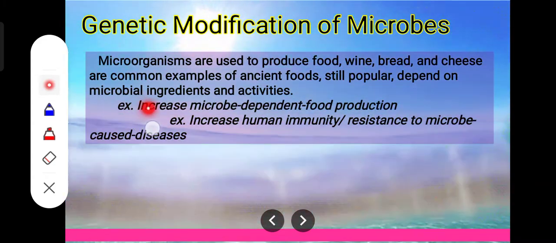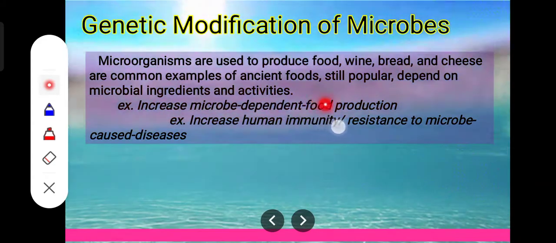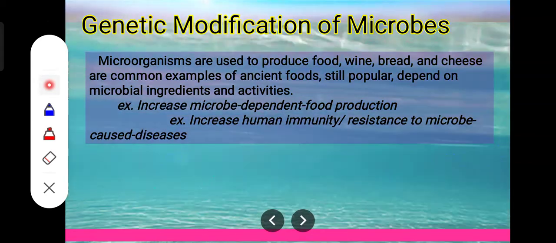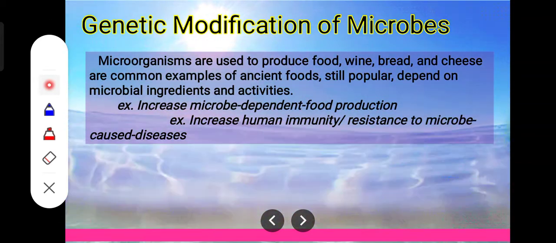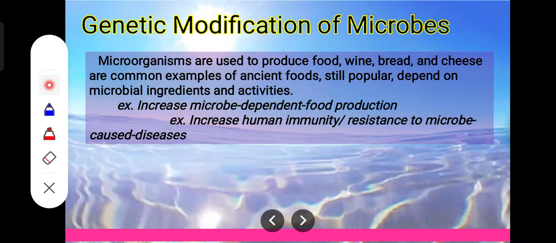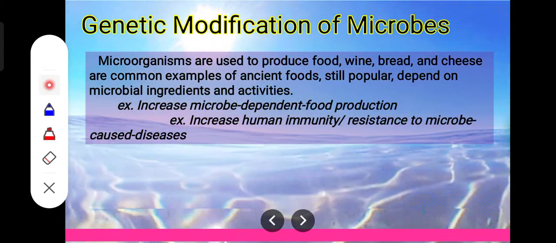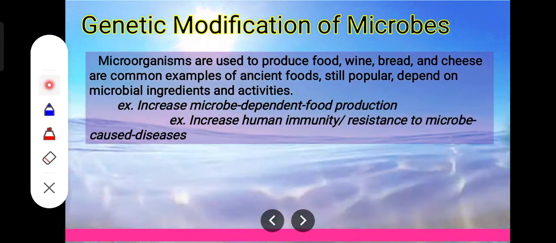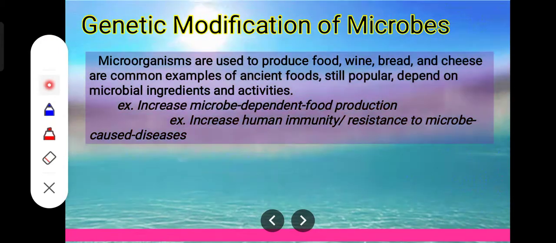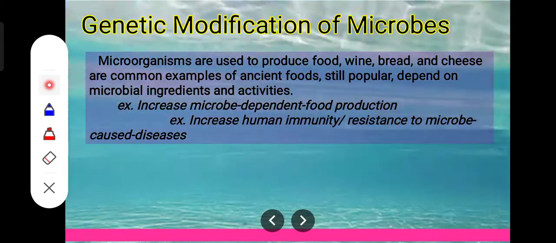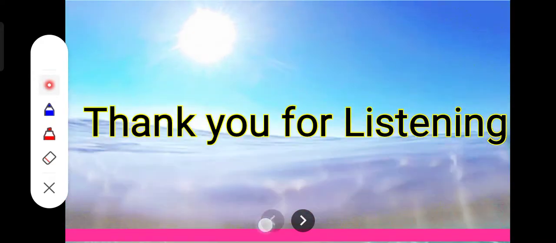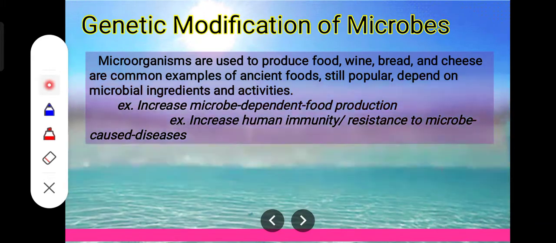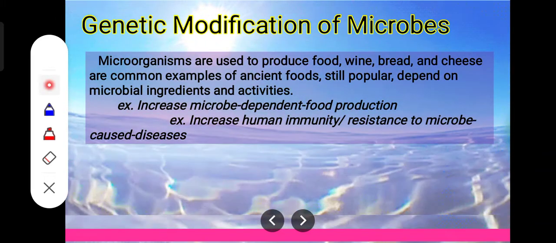Again, example, increased microbe-dependent food production and increased human immunity resistance to microbe-caused diseases. So, those are the different types of genetic modification: plant, animal, and microbes.